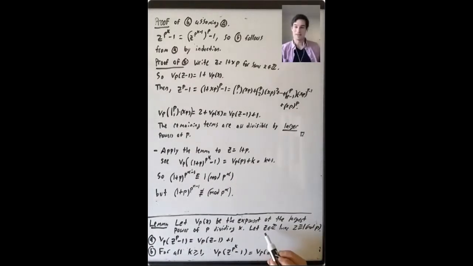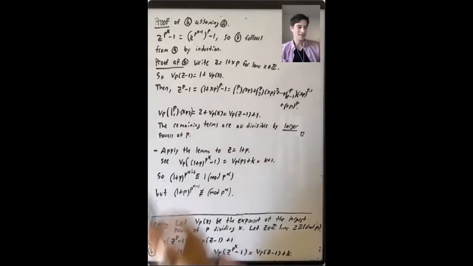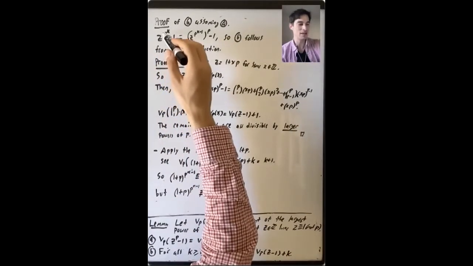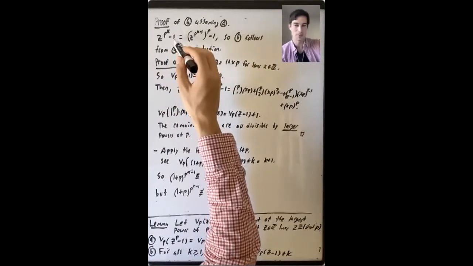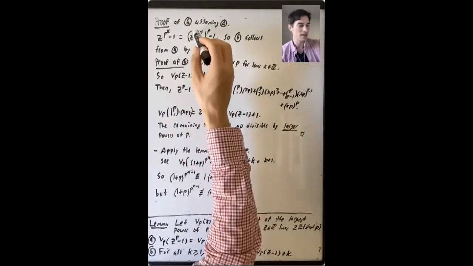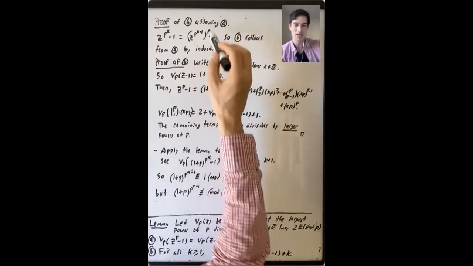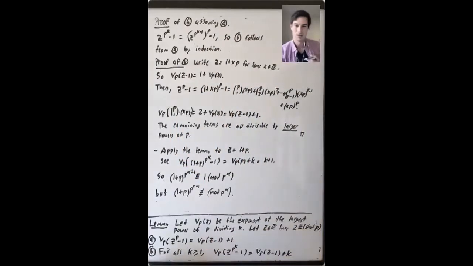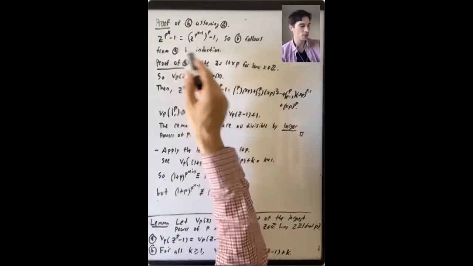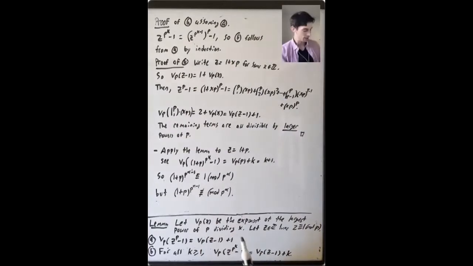Let's prove this lemma. First, we'll prove B, the second part, assuming the first part A. And the important observation is just that z to the p to the k power minus 1 is z to the p to the k minus 1 power raised to the p power, minus 1. Okay, so now B follows directly from A by induction.